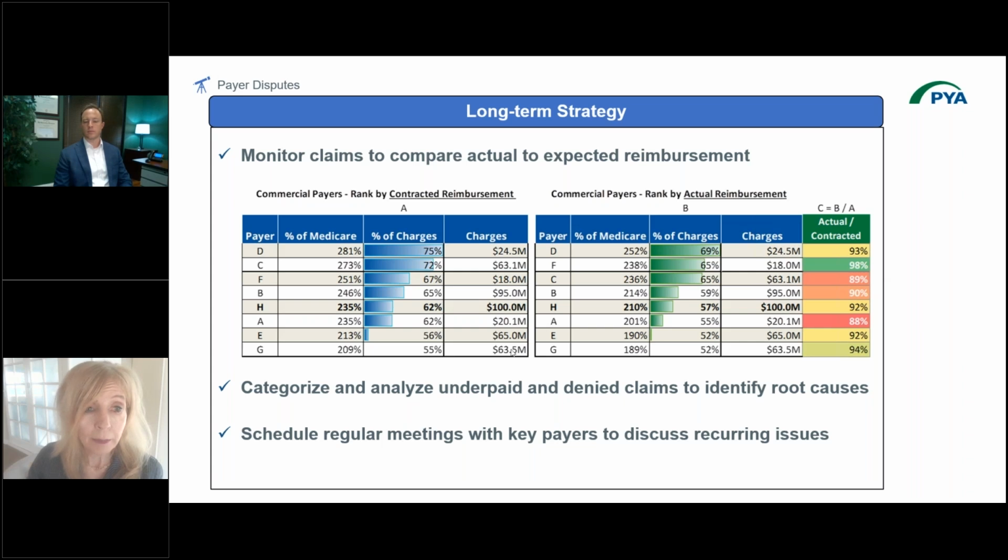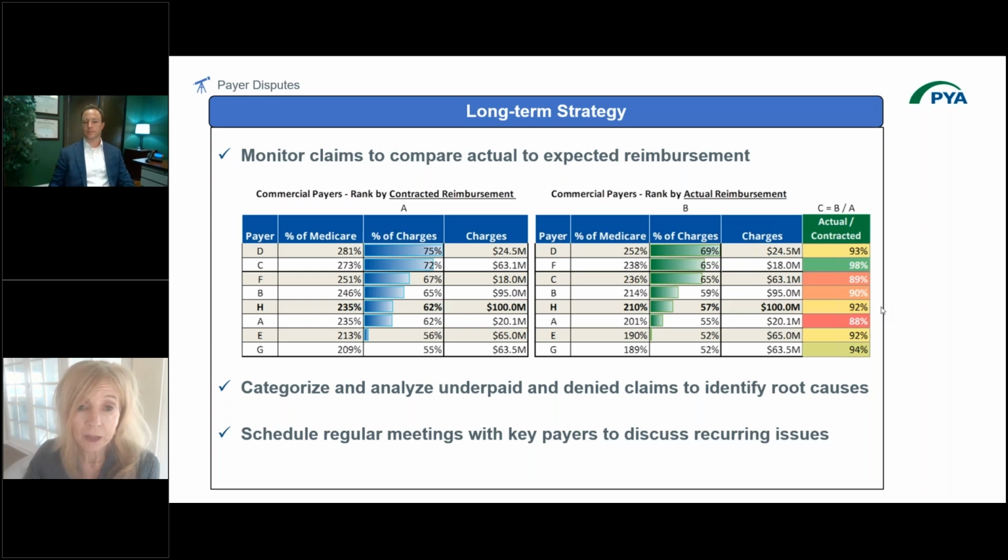But if you take a look at payer H, they're really one of your largest payers here in this example. They only paid us 92% of what we expected. Well, that 8% gap could be your bottom line. It's a very, very material item for many organizations.